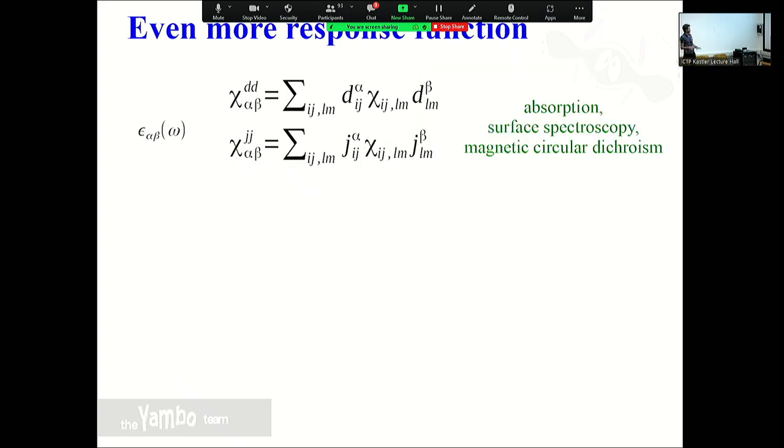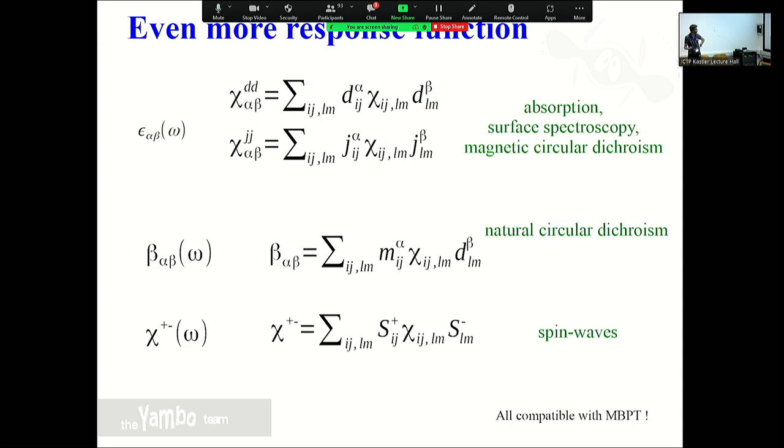Okay, this was just on the Drude term, but much more interesting physics can be gained if we switch from, let's say, the standard dielectric function to other properties of the materials. And indeed, when you have this four-point response function, IJLM, depending on the dipoles you select, you can also construct, for example, this Bethe tensor, where you have on the right the electric dipole and on the left the magnetic dipole.